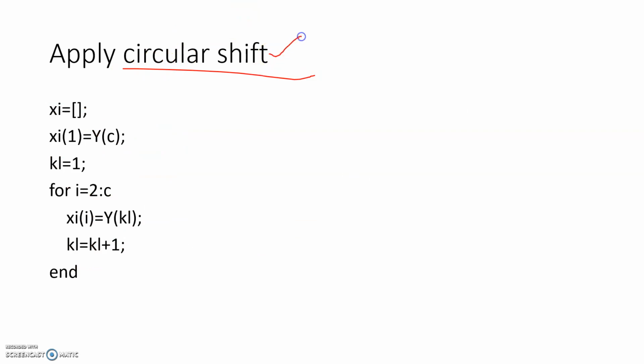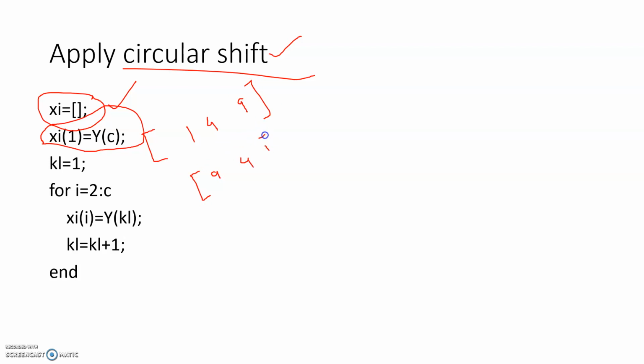The circular shift also I have discussed in detail. Suppose 149, if the y array has these elements, then I have to do circular shift and form 9, then 1, then 4. So basically the last element is coming to the front.